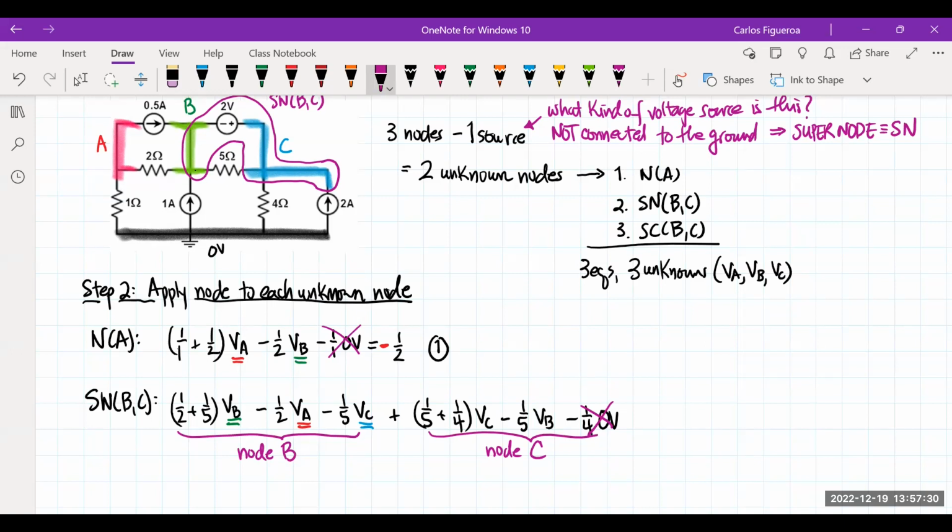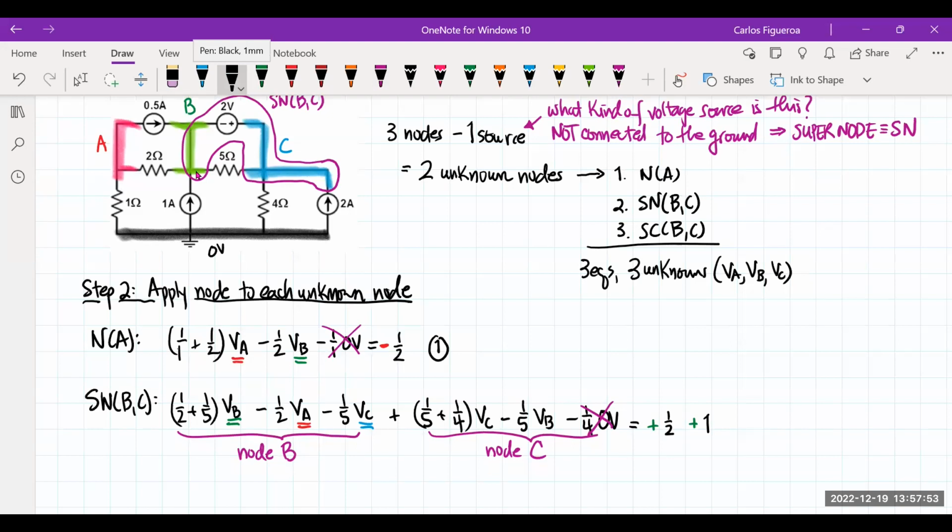Now let's look at all of the sources. If I look at the nodes for B, note that the 1/2 is flowing in, and the 1 is flowing in. So I should get a plus here and a plus here, which tells me this is 1/2 plus 1.